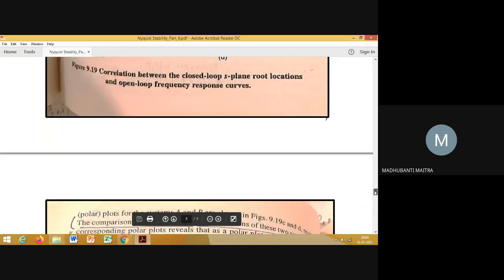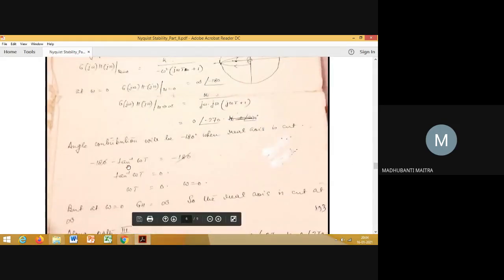So what we have done here is compute the phase angle of the GH phasor for a frequency given by omega. Now, if for a certain value of omega the Nyquist plot intersects the negative real axis, then the phase angle will be minus 180 degree, as we have just seen.